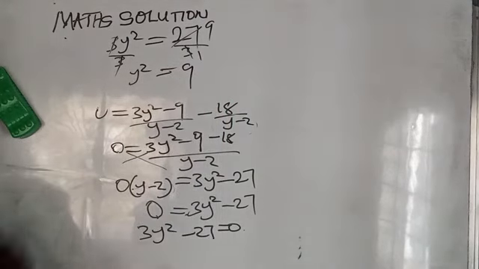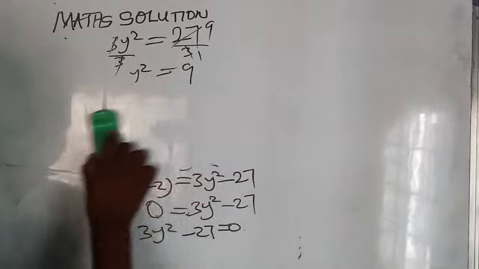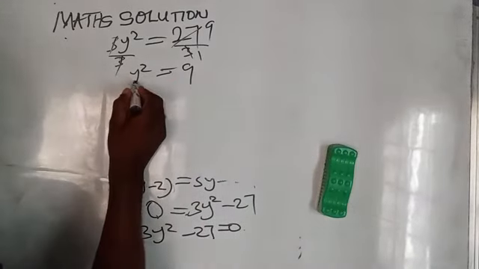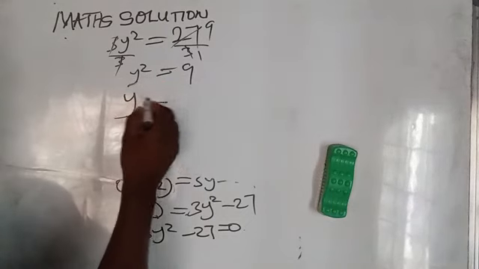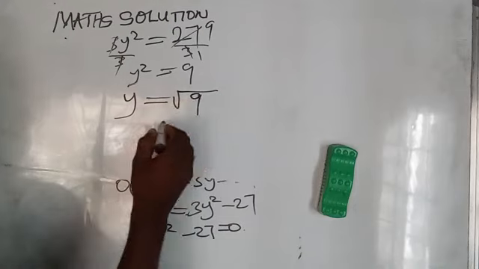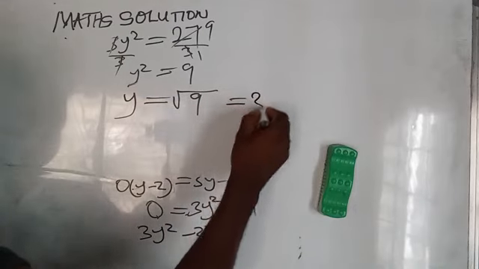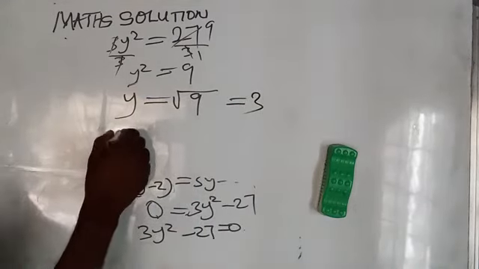Okay? So make y the subject of the formula. y is equal to the square root of 9, and this gives 3. The square root of 9 is equal to 3.